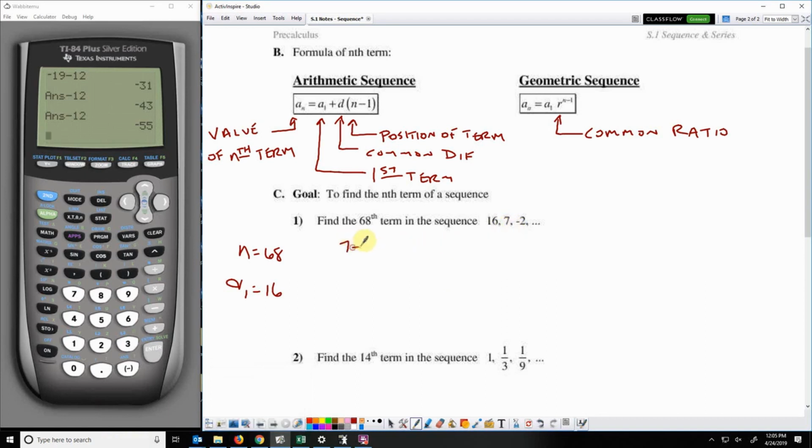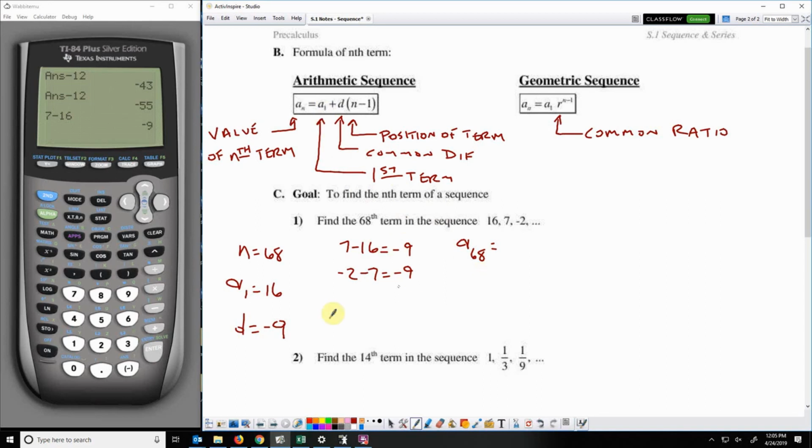So let's try 7 minus 16, negative 9. And negative 2 minus 7, that's also negative 9. So there's a common difference of negative 9. And we want to find the value of the 68th term, a sub 68.